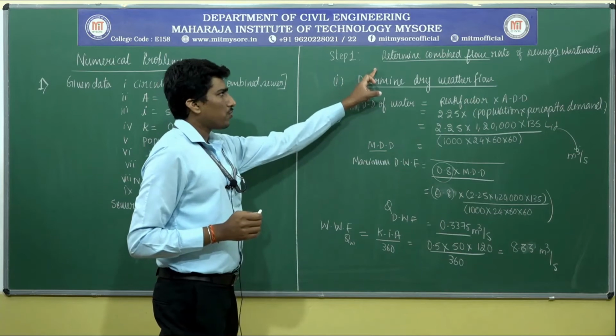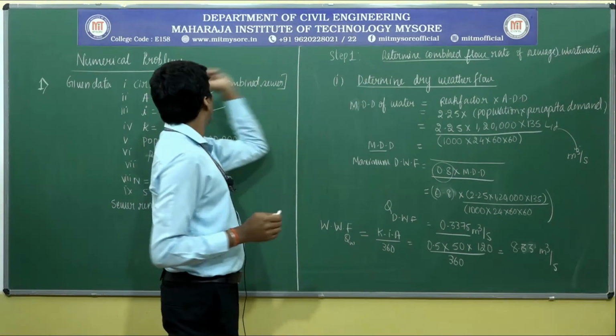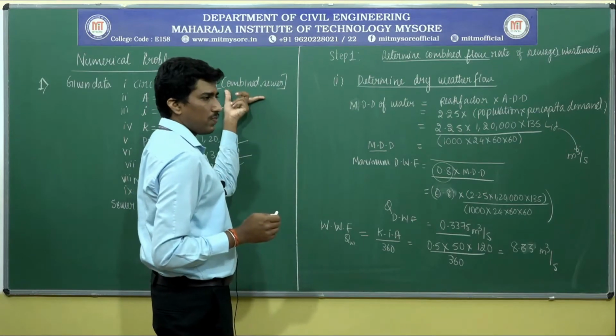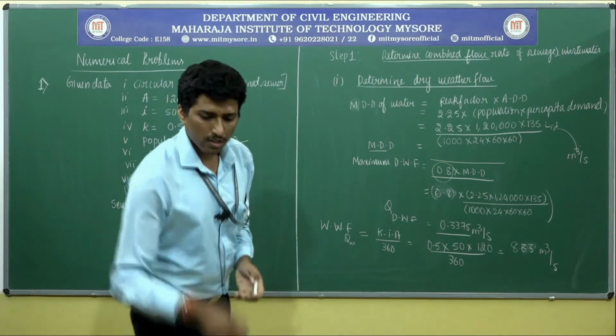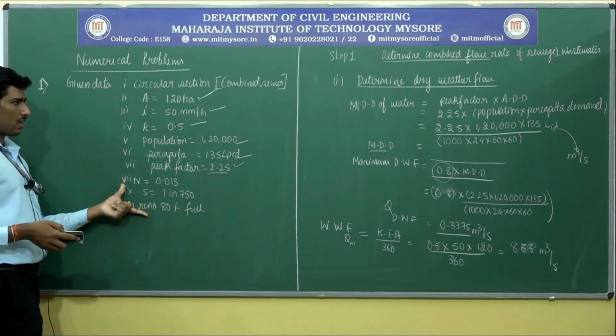Now, I want to go for combining the flow rate. What is the combined flow? Because the sewer is in a combined condition. Only 3 data are left out.